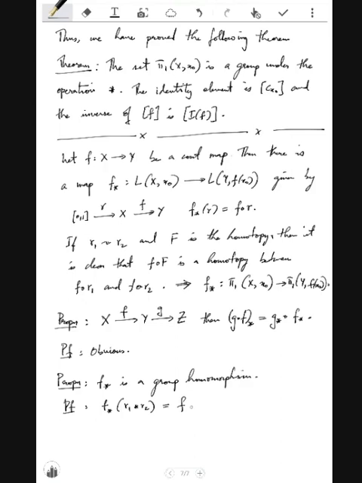Is by definition f compose gamma 1 star gamma 2. This one checks easily is f compose gamma 1 star f compose gamma 2, and this is equal to f lower star gamma 1 star f lower star gamma 2. So this proves the proposition.